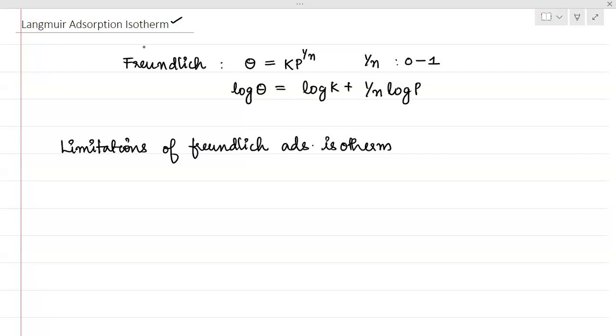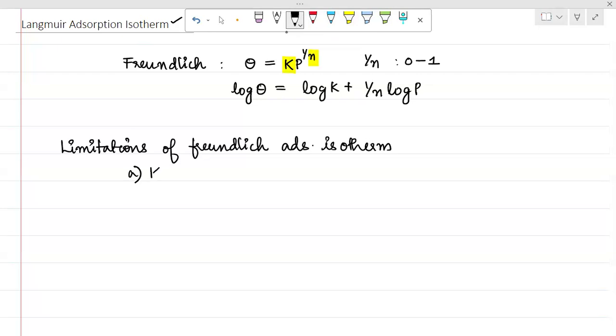The first one was, we know that there are two constants over here, K and N. These are called the Freundlich constants. By the name constant, it means the value should be the same under all conditions, but it is not.